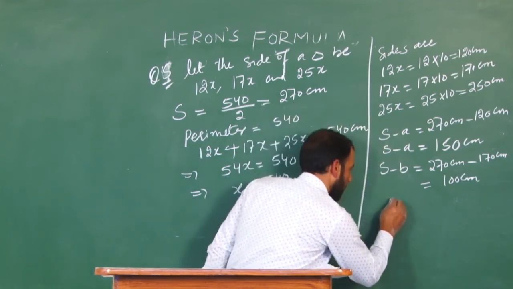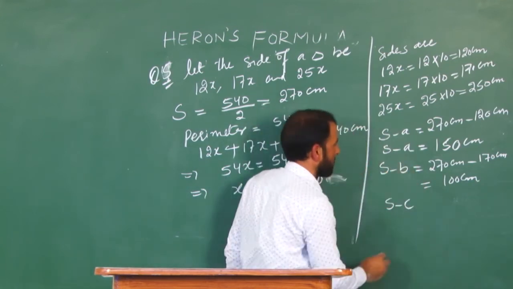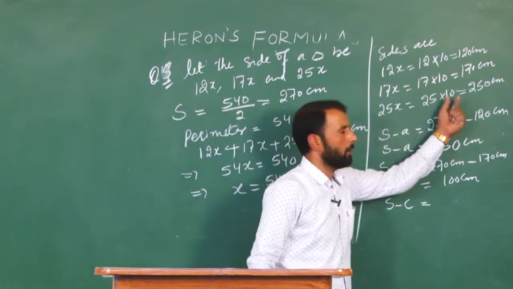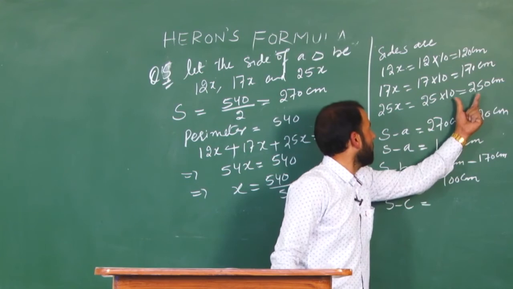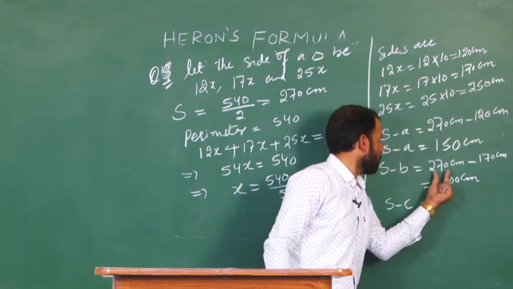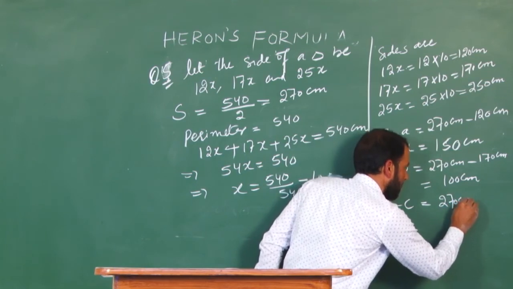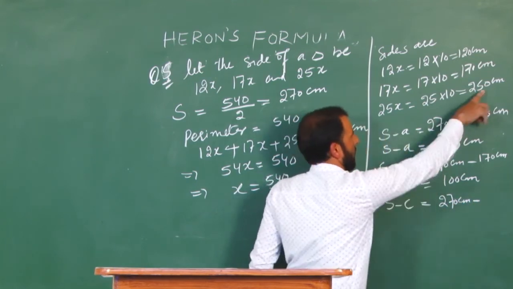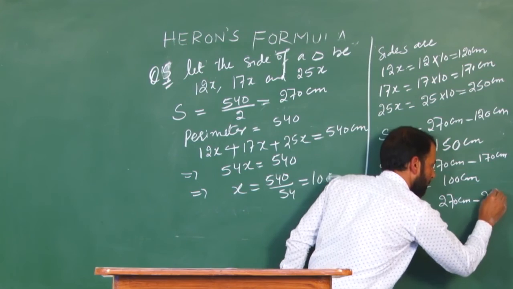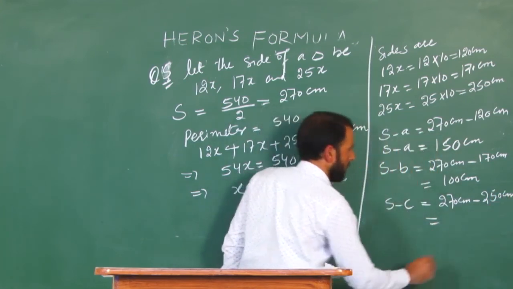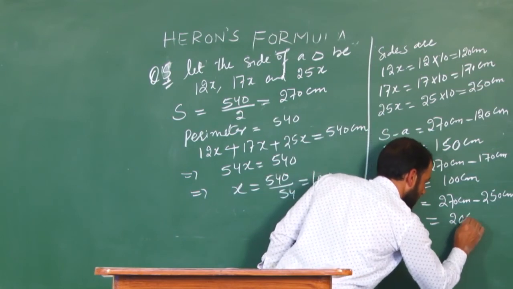Then S minus C is 270 minus 250, which is equal to 20 centimeter.